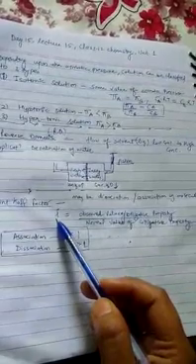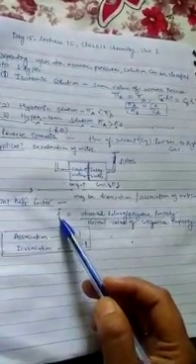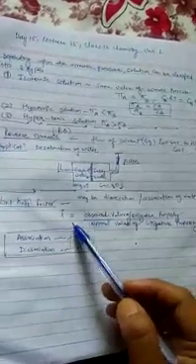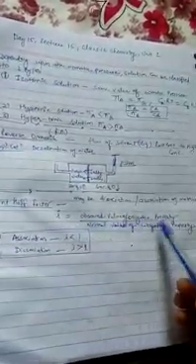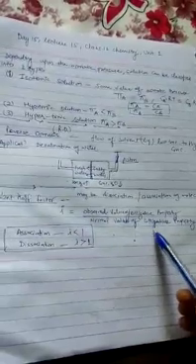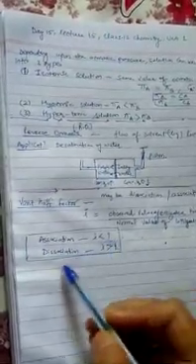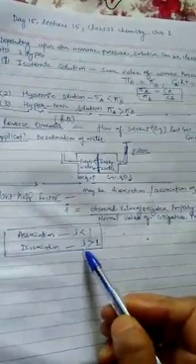So he introduced a factor, which we denote as i, the Van 't Hoff factor, and its value is equal to the observed value of colligative property divided by the normal value of colligative property. There are two conditions. If there is association of molecules, then i will be less than 1, and if there is dissociation of molecules, then i will be greater than 1.